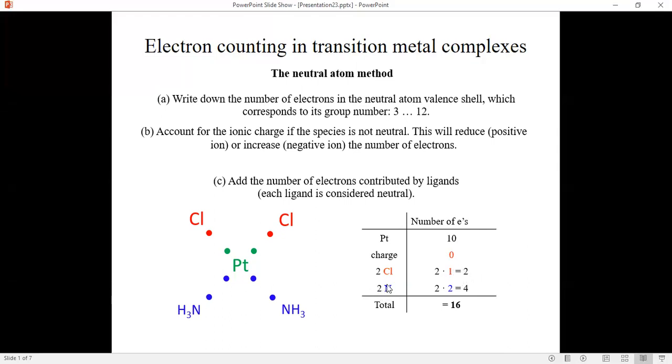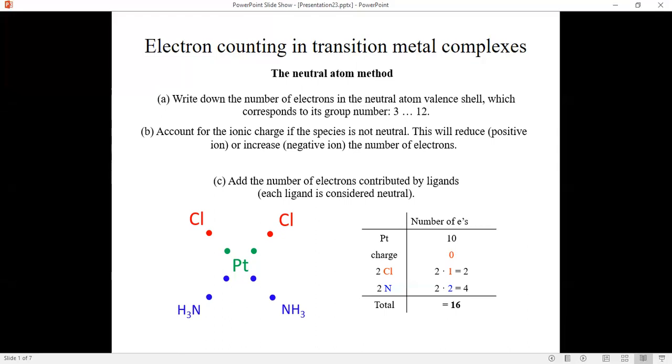The two nitrogens, or the two amine ligands, contribute 2 electrons each, and 2 times 2 is equal to 4. 10 plus 2 plus 4 gives us overall 16. So we can say that this complex is a 16 valence electron complex.